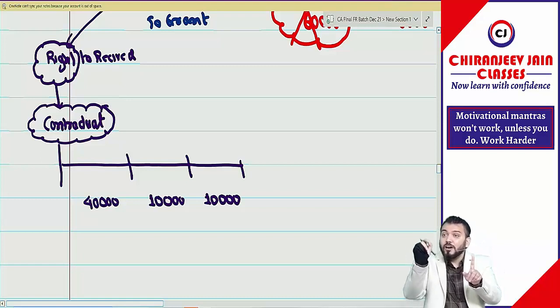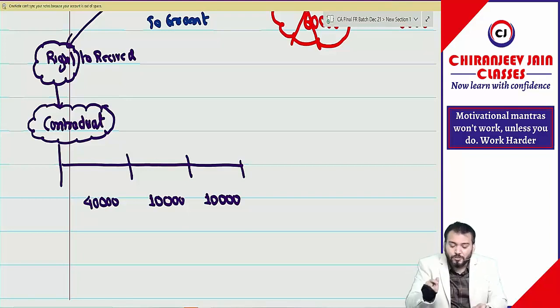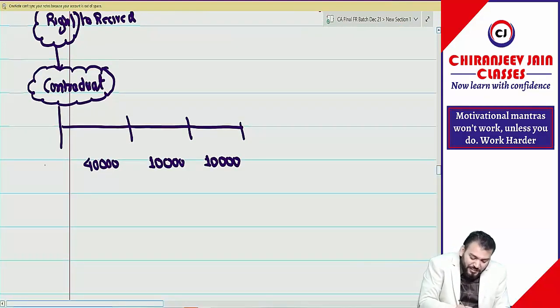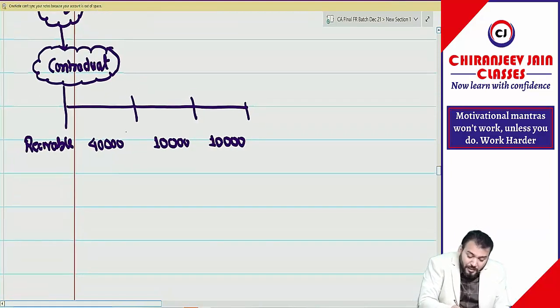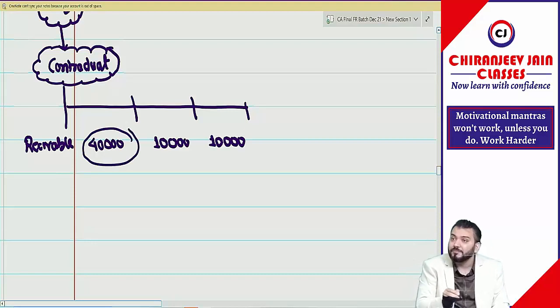If you read the words 40,000 receivable in the first year, 10,000 receivable in the second year and 10,000 receivable in the third year, my question to you is, if this is the receivable as per the contract, in the first year how much is receivable? 40,000, which means this is due to be received.